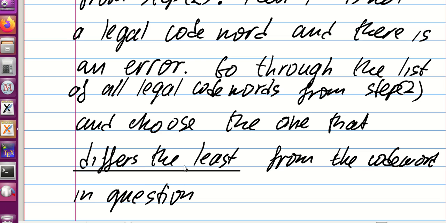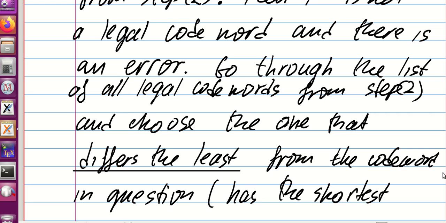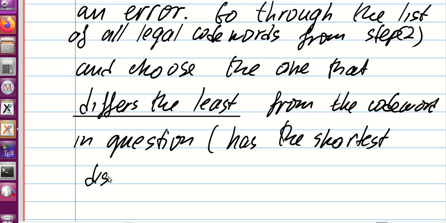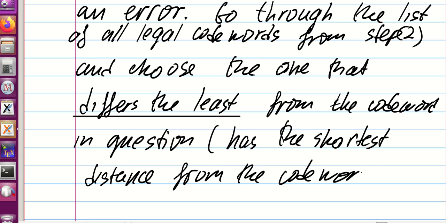That's the idea of the nearest neighbor. What does it mean, differs least? It means has the shortest distance from the code word in question. And that's it. That's the whole idea of this algorithm.